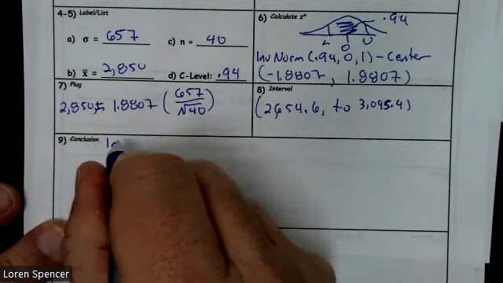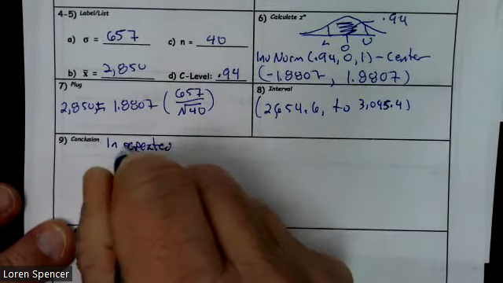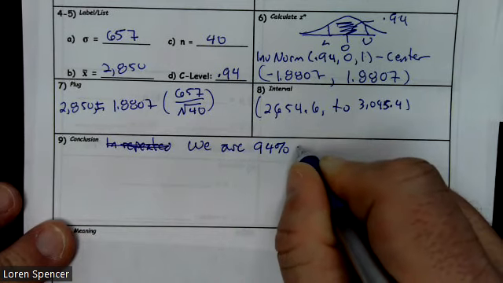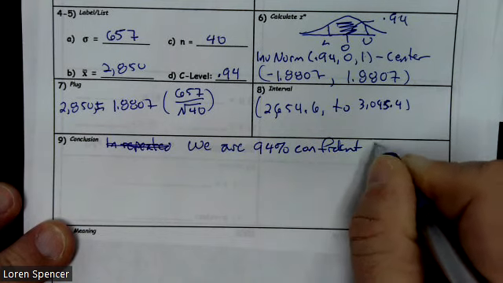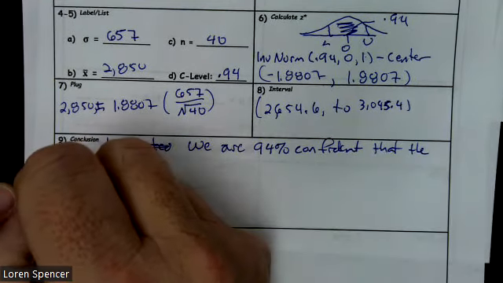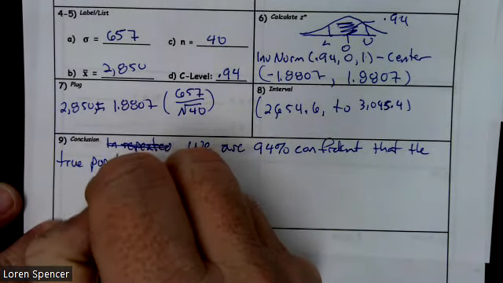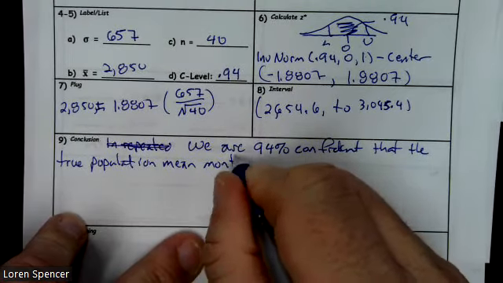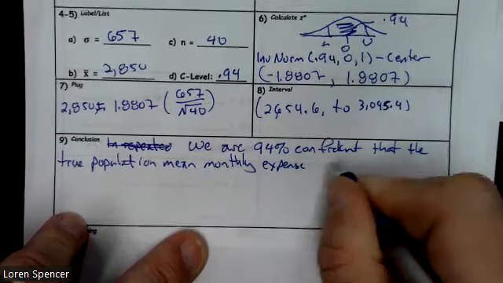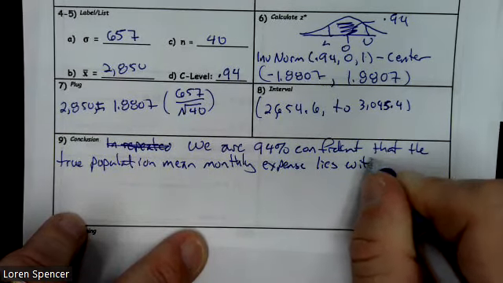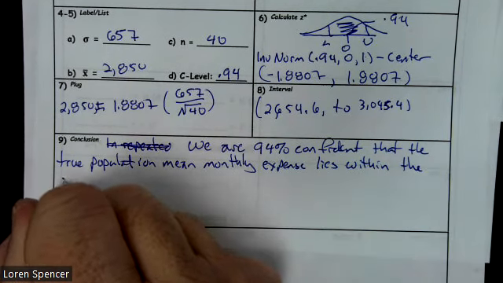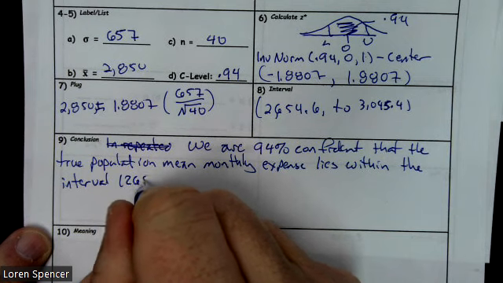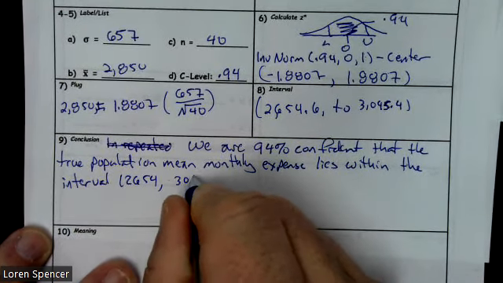So, in context, we are 94% confident that the true population mean monthly expense lies within the interval 2654 to 3045.